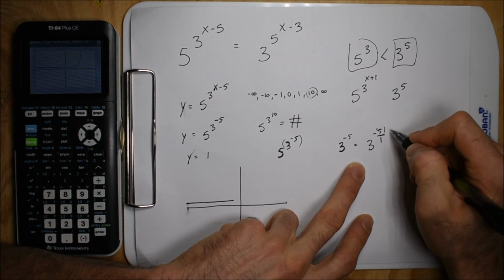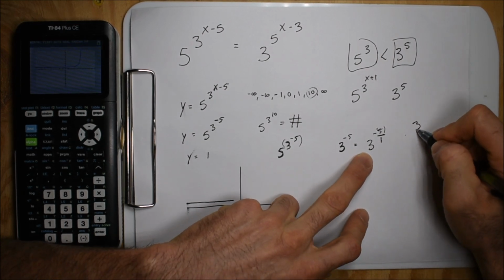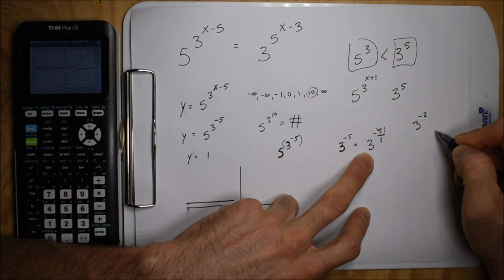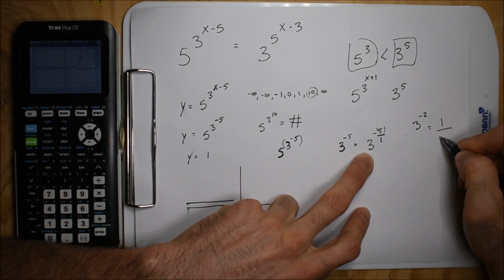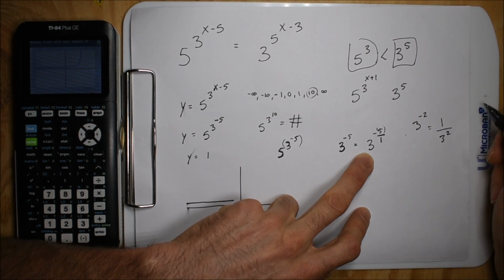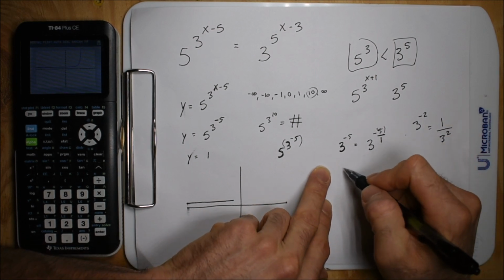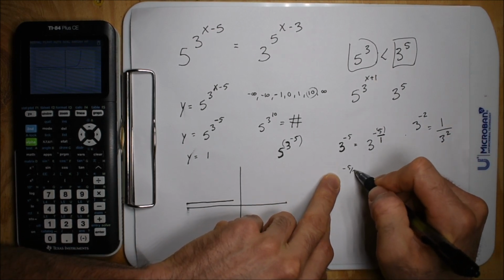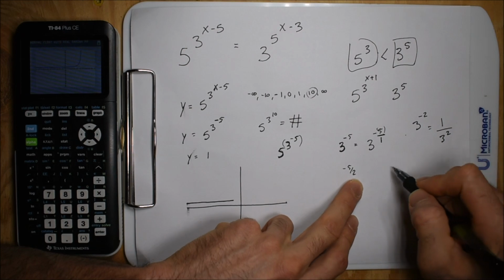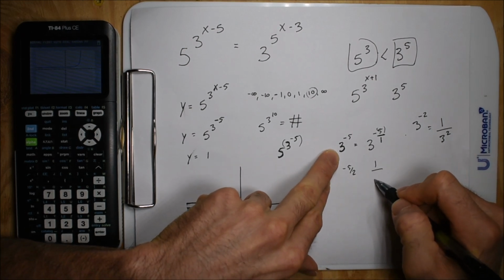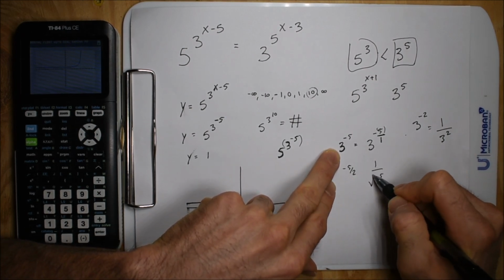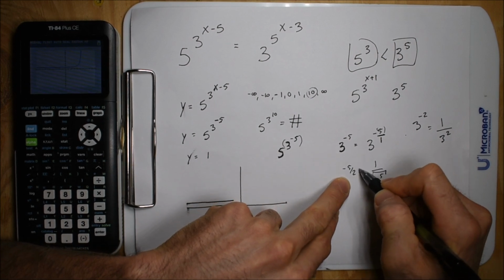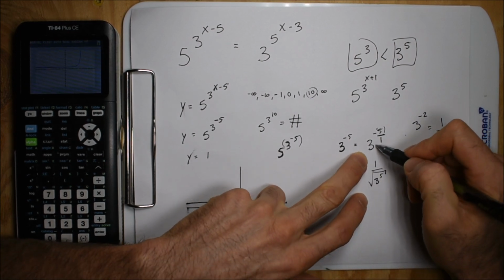Because if it was 3 to the negative 2, that would be equal to 1 over 3 squared. And if it's negative 5 over 2, this would be 1 over 3 to the fifth, and then we've got to square root it. But it doesn't have a bottom component, but that's just what it is.